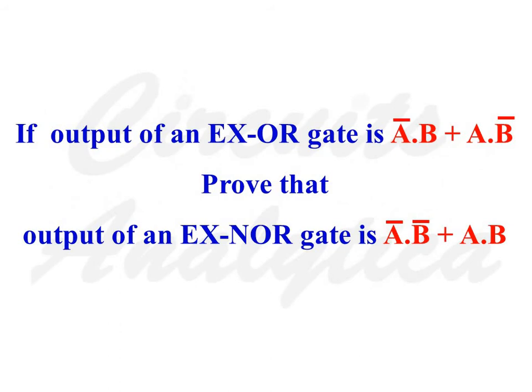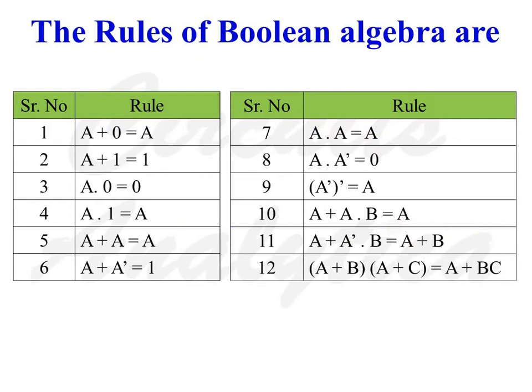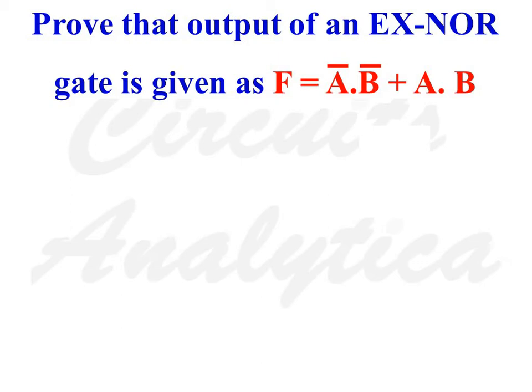If the output of an XOR gate is A bar and B or A and B bar, prove that the output of an XNOR gate is A bar and B bar or A and B. So this is the given question.